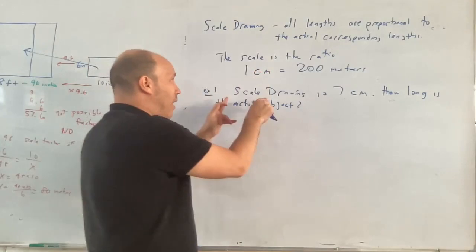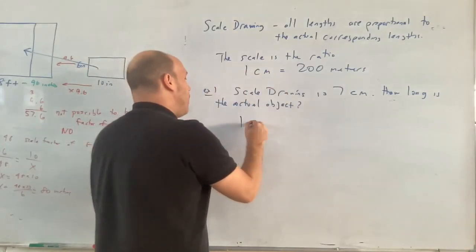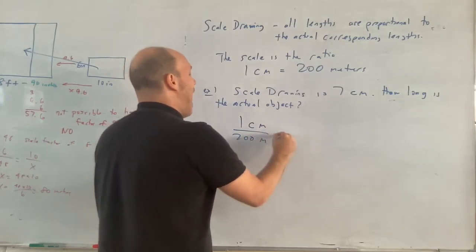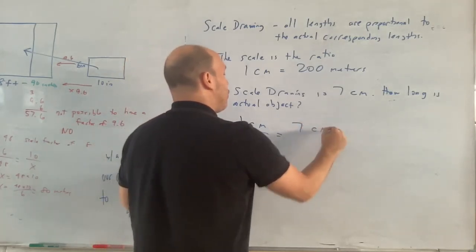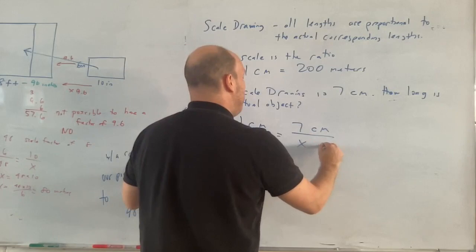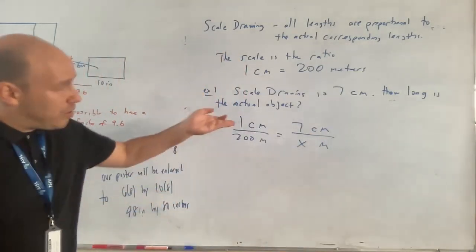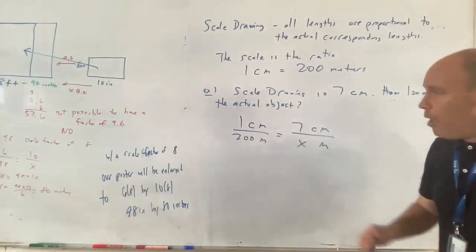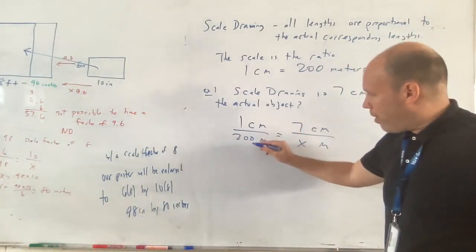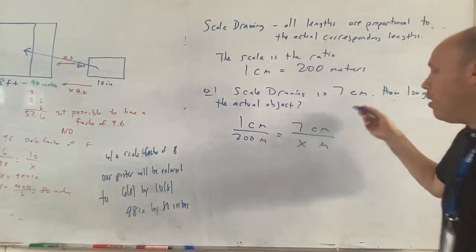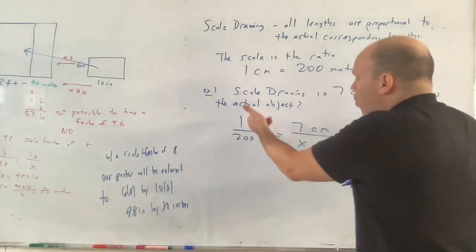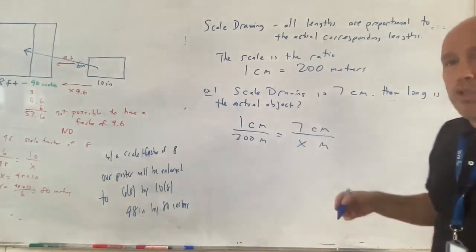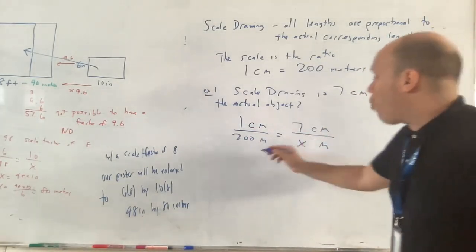So the scale is the ratio. It's 1 centimeter is to 200 meters, as 7 centimeters is to x meters. Once again, these two ratios are in proportion. 1 centimeter corresponds to a reality of 200, 7 centimeters corresponds to a reality of x. Cross multiply.